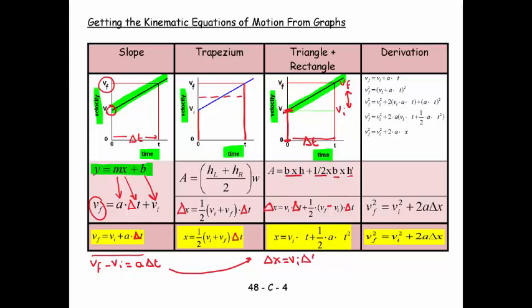That stays the same. But in this 1/2 A t squared section, the Vf minus Vi equals A delta t, so that's going to be A delta t, and so I have times A delta t squared.